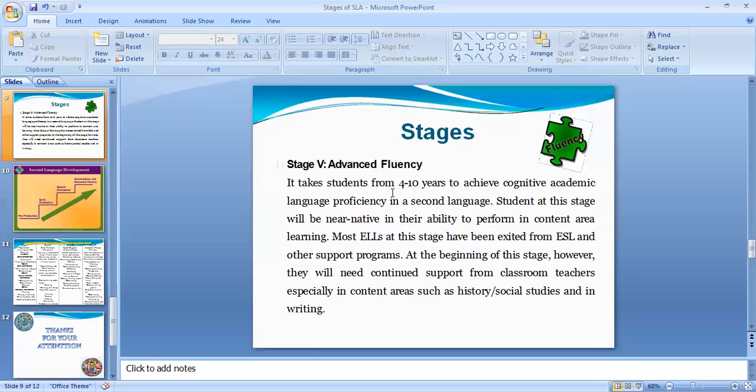And the last one, the final stage, is advanced fluency. In this stage, the duration is 4 years to 10 years. Another linguist has given this duration of time as 3 years to 7 years.